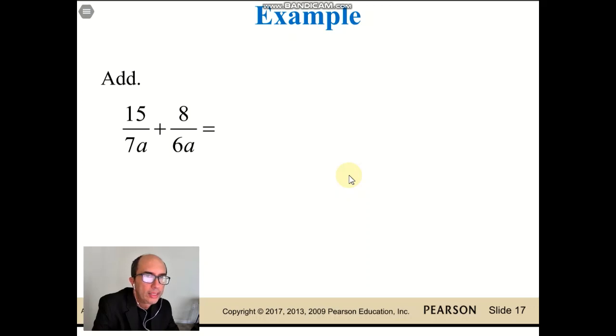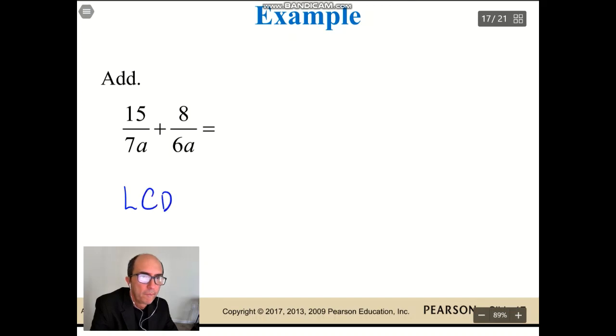We want to add these two rational expressions, 15 over 7a plus 8 over 6a. First step, find the least common denominator. We can factor the denominators. This one is just 7 times a, right?